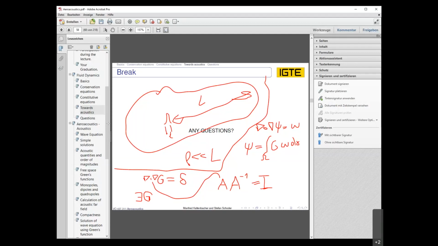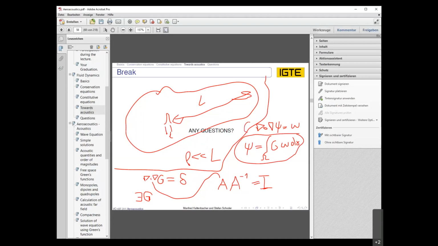Anyone knows why we come up with that? So just a pragmatic proof of this formula down there. We have this equation up there.